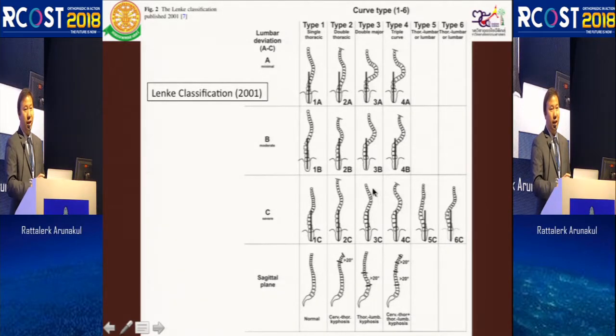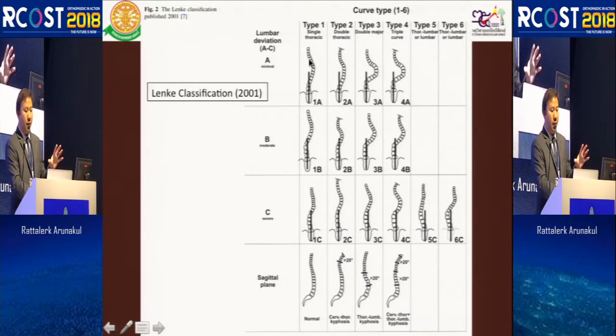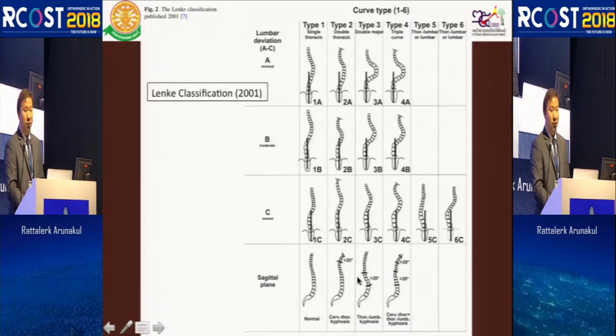The next evolution is the Lenke classification in 2001. It divides curves into many categories, and I think a lot of people have seen this before. There are types 1, 2, 3, 4, 5, and 6, where 5 and 6 are lumbar major, but 1 to 4 are thoracic major.